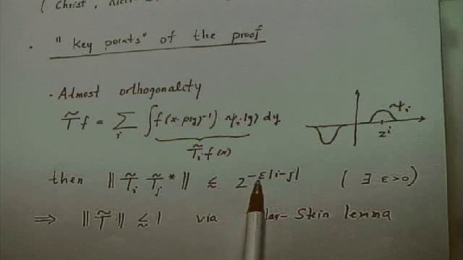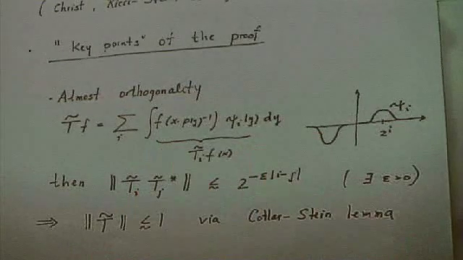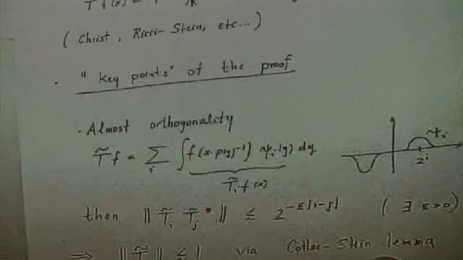It's bounded by 2 to the minus epsilon times the difference of the indices for some fixed epsilon, which doesn't really matter. So once one can prove this almost orthogonality, then one is basically done by the so-called Cotlar-Stein lemma. If the pieces are almost orthogonal to each other and all of them are bounded, then the sum will be bounded on L2 as well. So that's one thing.